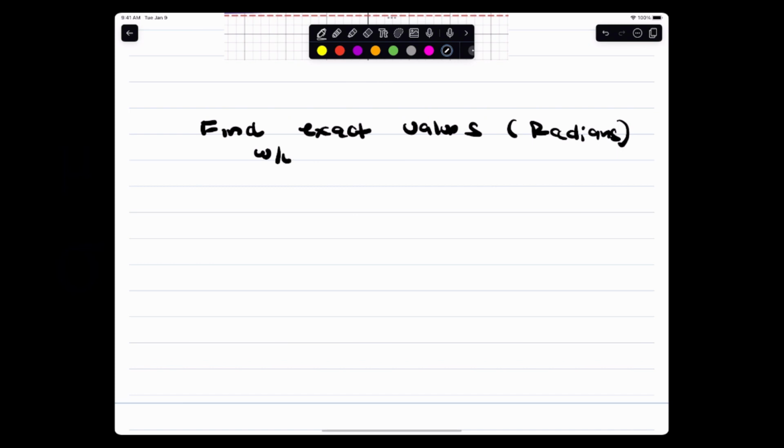And I put things like without using your what? Calculator. That's the whole point. So, for example, inverse tangent 1 over the square root of 3.